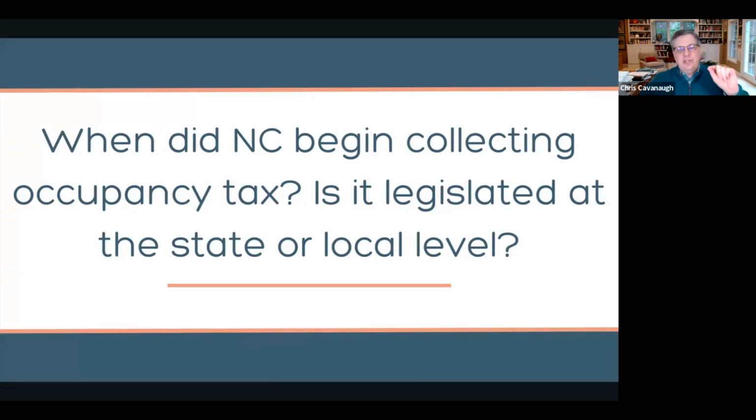That is usually the rate of taxation, between 1% and 6%, usually set at the local level. Other than that, there's really not much more that you can do at the local level, at least in terms of your elected officials. There's a lot that your Tourism Development Authority can do in terms of shaping policy and process.